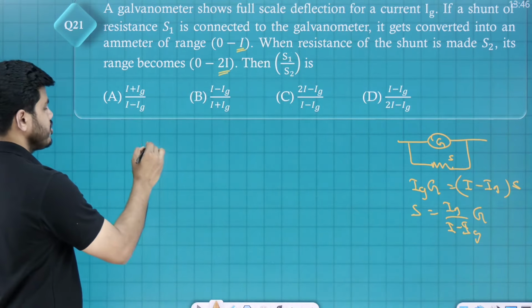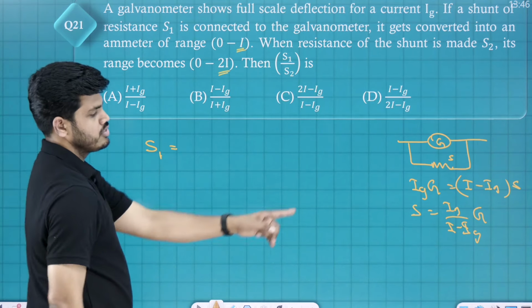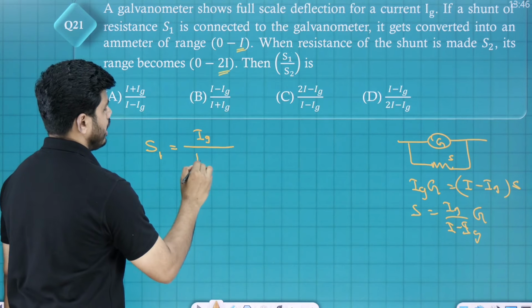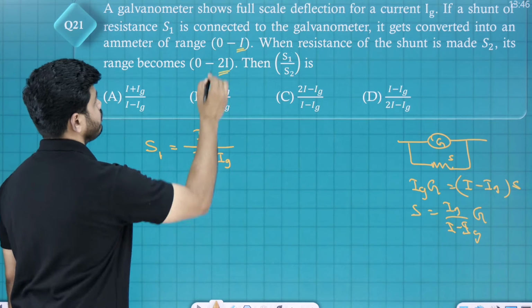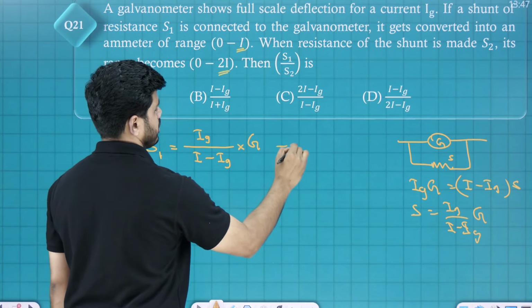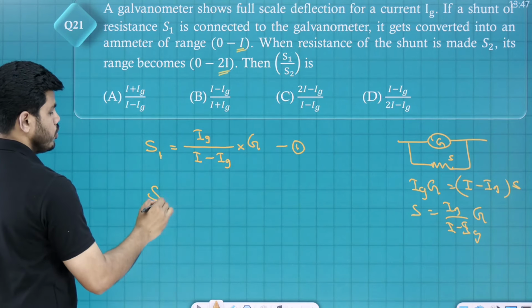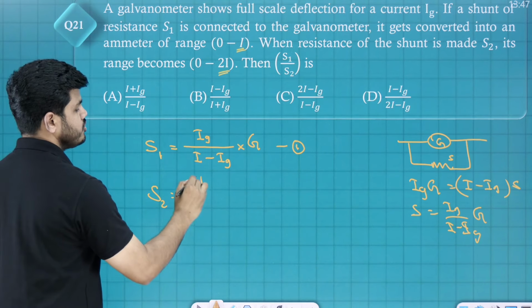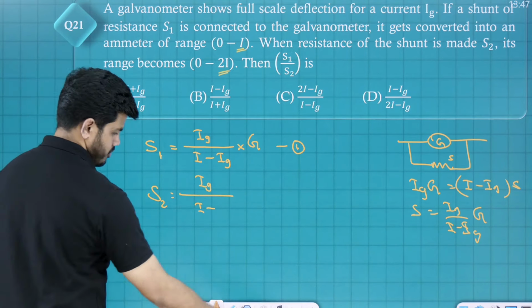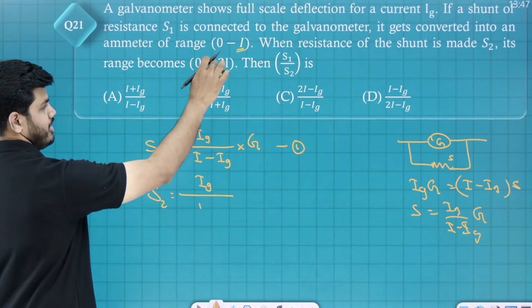So how can you write shunt resistance 1? S1 is equal to Ig divided by I minus Ig, into capital G, equation number 1. In the first case the range was I only. And S2 is equal to Ig divided by, what is the new range in the second case? It is 2I, right?